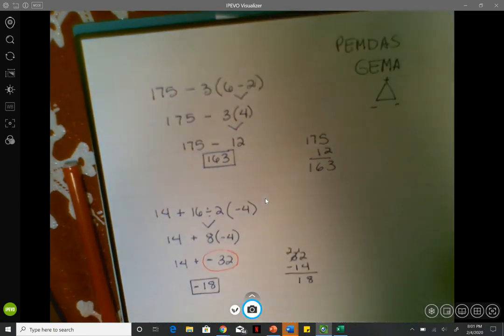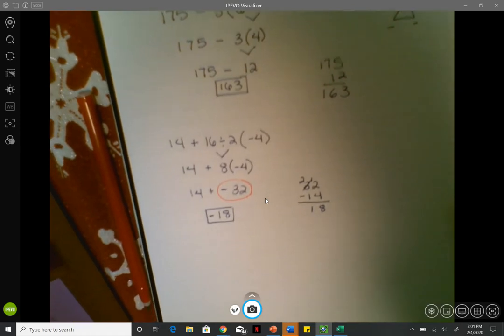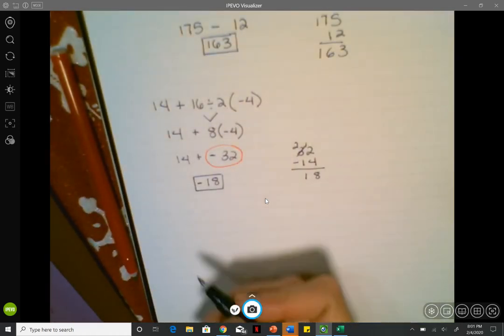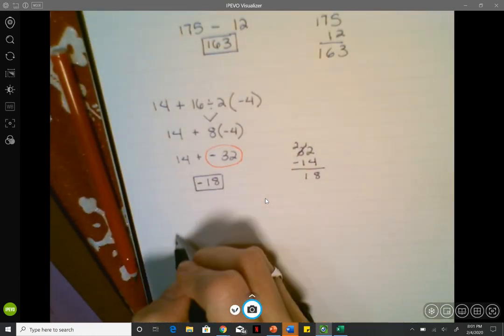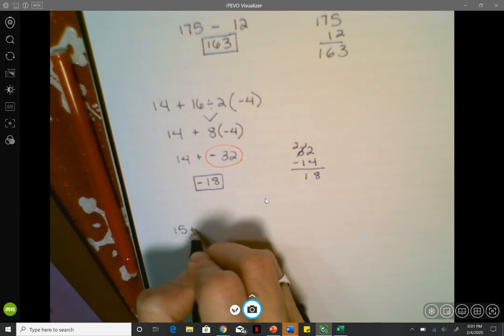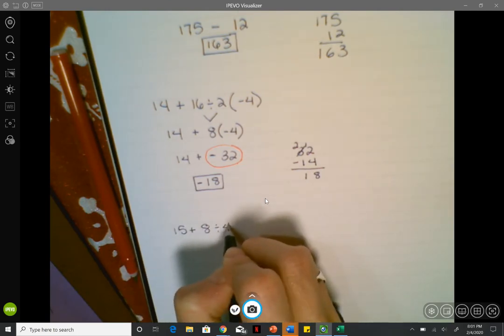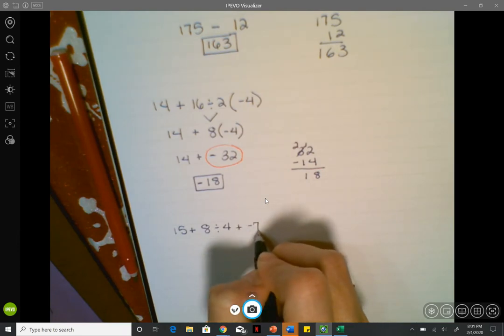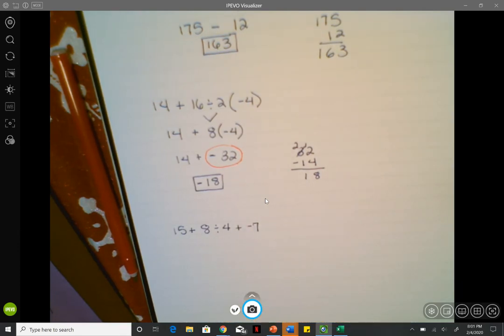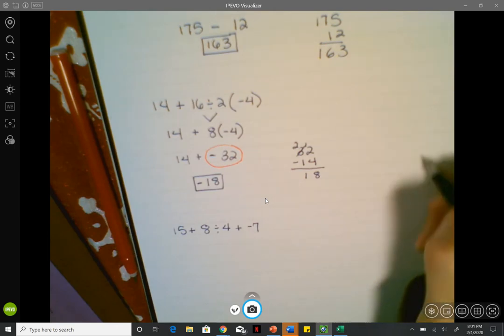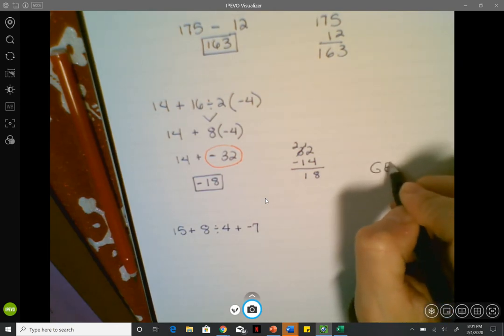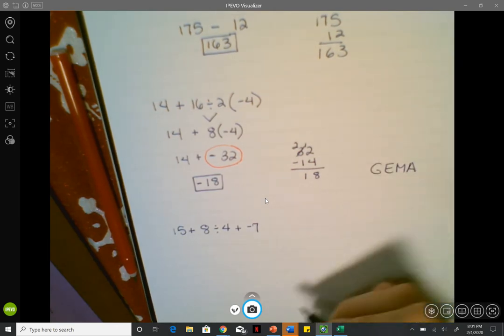Let's do one more. Let's do 15 plus 8 divided by 4 plus negative 7. So I'm going to put these down here so you can see them again, GEMMA.